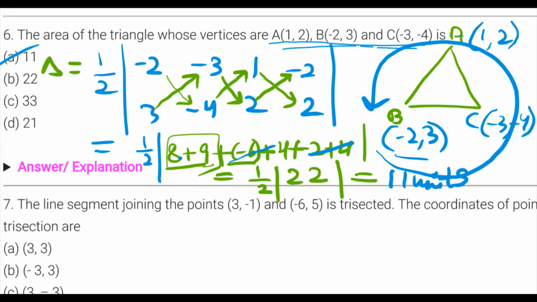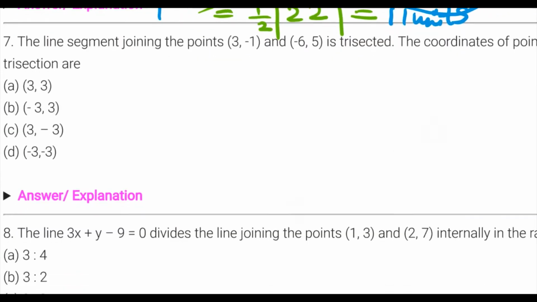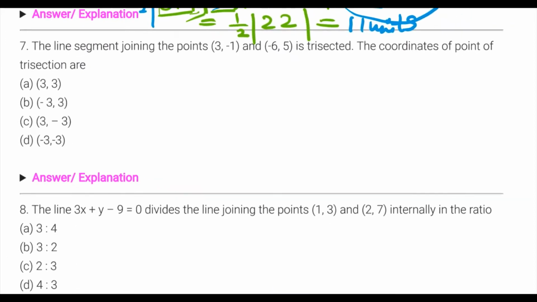Next question is, the line segment joining the points is trisected. The coordinates of the point of trisection are.